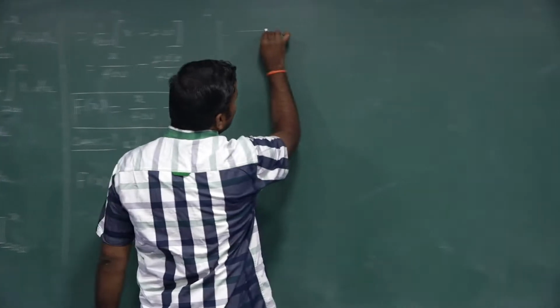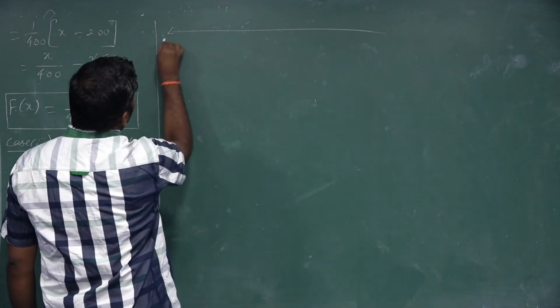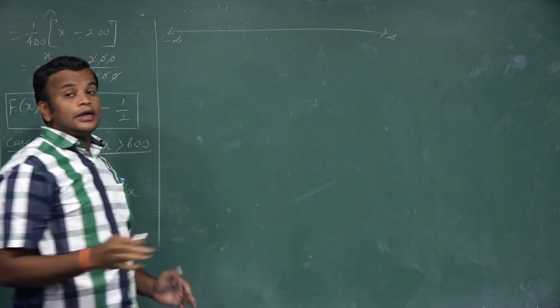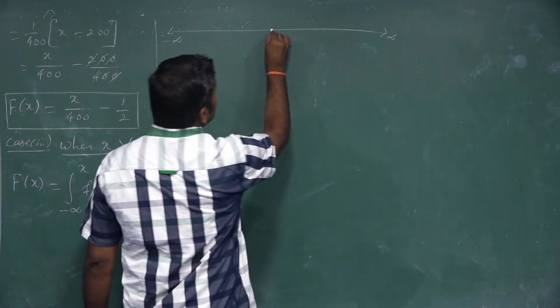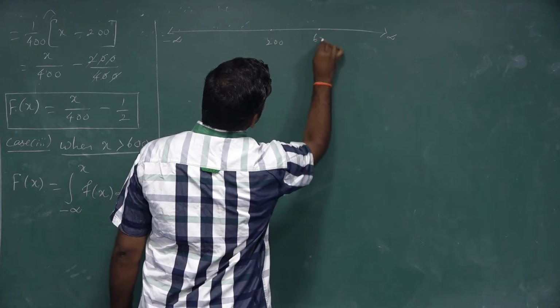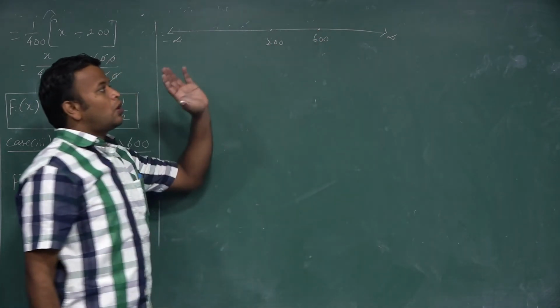There is no need for the interval diagram, but for understanding, I draw the diagram from minus infinity to plus infinity. Here x is possible between 200 and 600, only there f of x is possible. So first we mark the possible values of f of x.